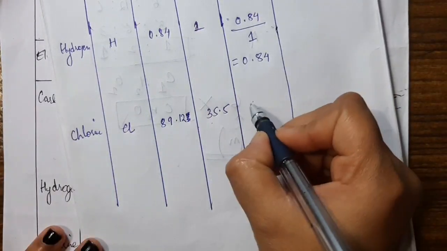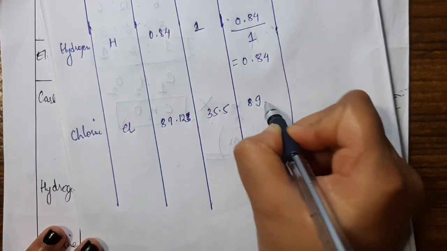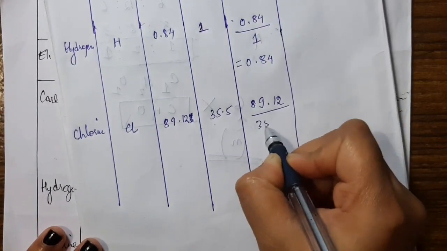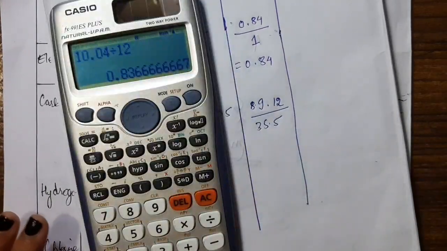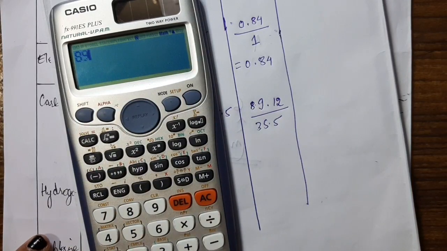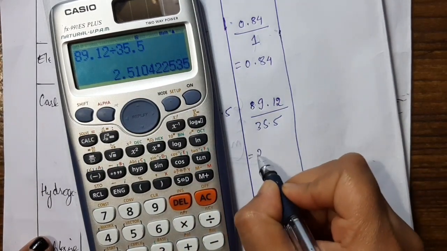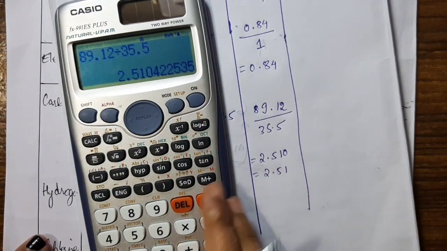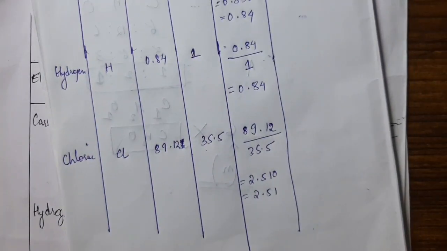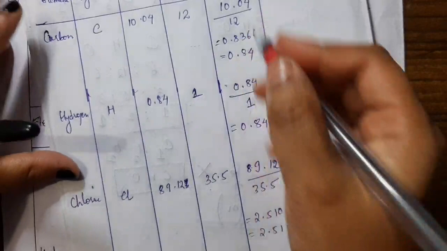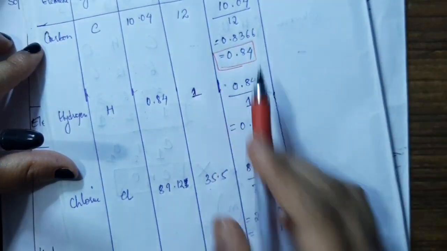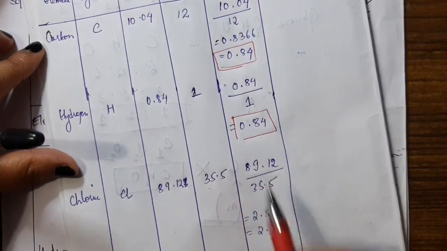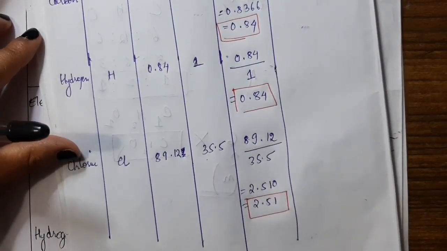Given weight is 89.12 divided by 35.5, which would be equal to 2.510, that is 2.51. So we got 3 numbers here. The number of moles for carbon is 0.84, for hydrogen is 0.84, and for chlorine is 2.51.